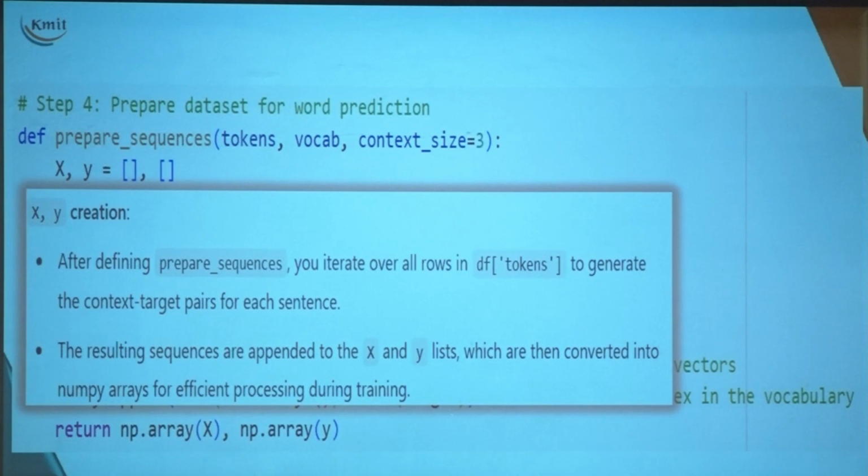Once you have defined your prepared sequences, you are going to take up your data frame, which has now got tokens. The data frame has 2 columns. First column is text. Now we are not working with it. We are working with the second column, which has got tokens. So you will iterate over all these token values to generate context-target pairs of each sentence.